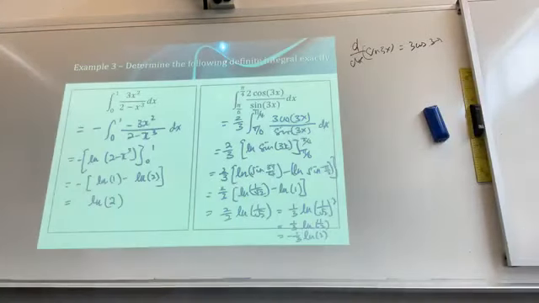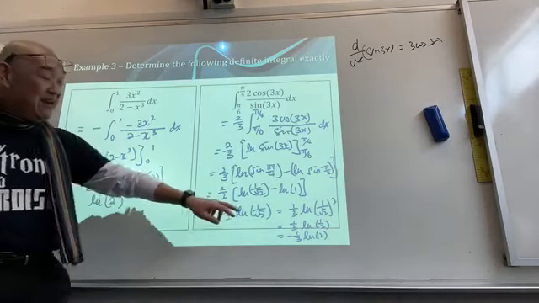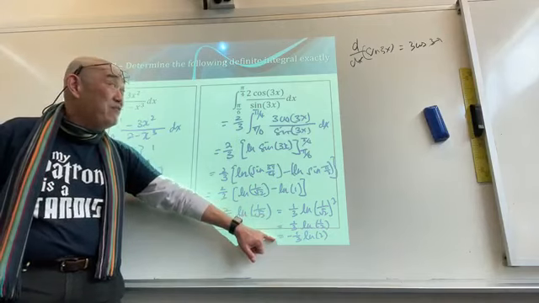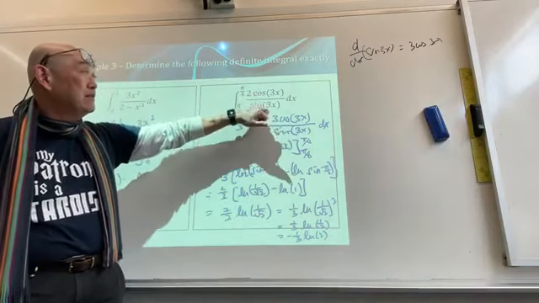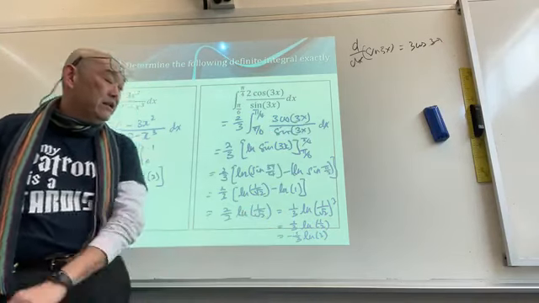It really doesn't matter if you give me this answer or that answer. But if you use your ClassPad to integrate that, the ClassPad will give you minus 1/3 log of 2.